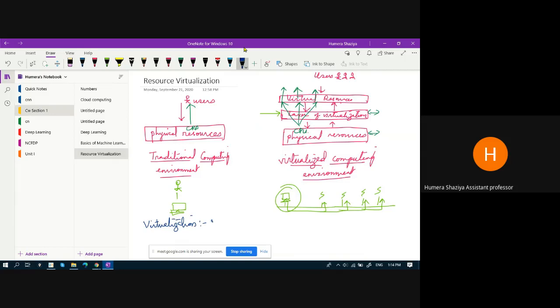It refers to representation of physical computing resources, of physical resources, in simulated form through software.